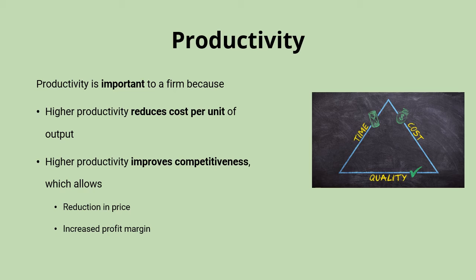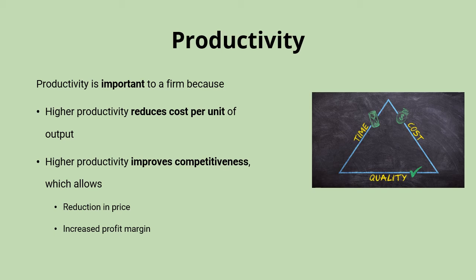So that's your ability to compete and attract customers in relation to other businesses, and obviously in relation to your competitors. And the reason for that is because if your cost per unit is lower, you can really do one of two things. You can either reduce your price and keep your profit margin the same.